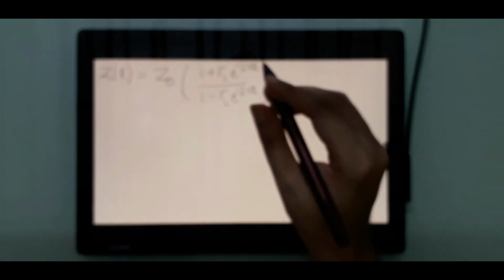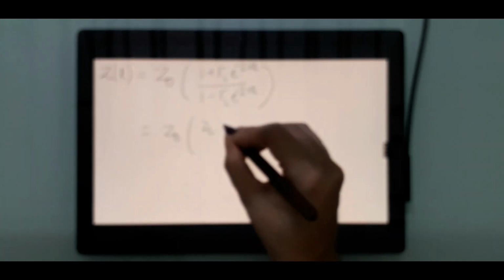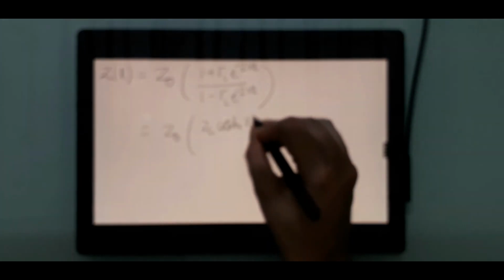So if you substitute that, this is what you will get. This is cos hyperbolic. These are hyperbolic cos and sine functions.